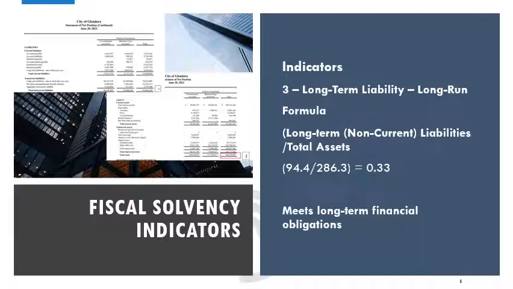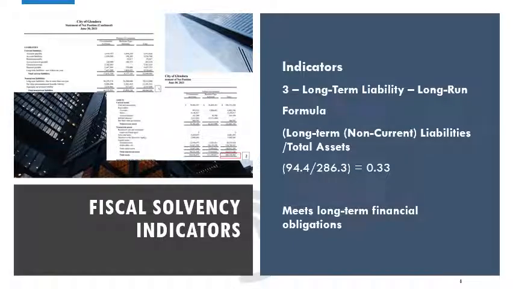Another indicator is the long-term liability, which looks at the long-term vulnerabilities of the city. In this case, the formula is the long-term, or non-current, liabilities divided by the total assets.